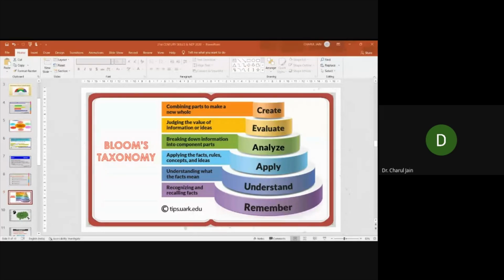So when I am talking about apply, analyze, evaluate, and create, I think I should, in my presentation, practically apply whatever I am professing. Somebody had raised a hand.